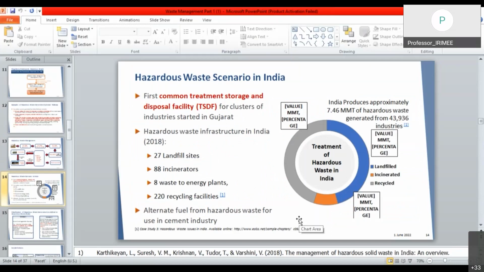Hazardous waste scenario in India. India produces approximately 7.46 MMT of hazardous waste generated from 43,936 industries. This value is, I think, 4-5 years old.